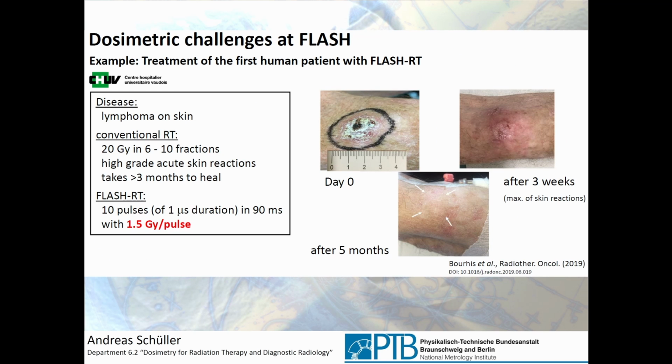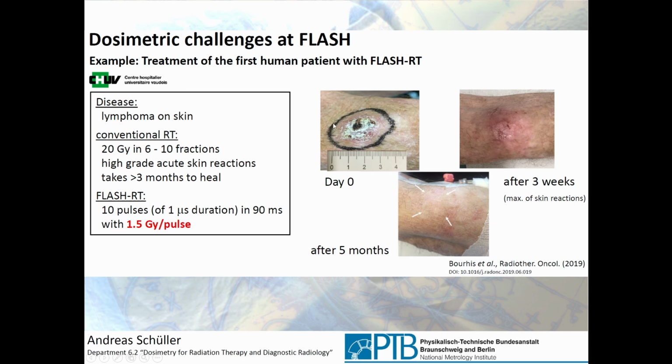Then there was this paper, the first ever human patient being treated with high dose rate electron beams. You can see here a lymphoma on the skin, so cancer on the skin.